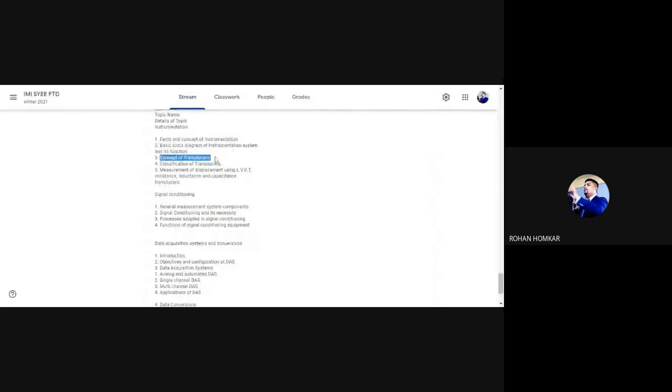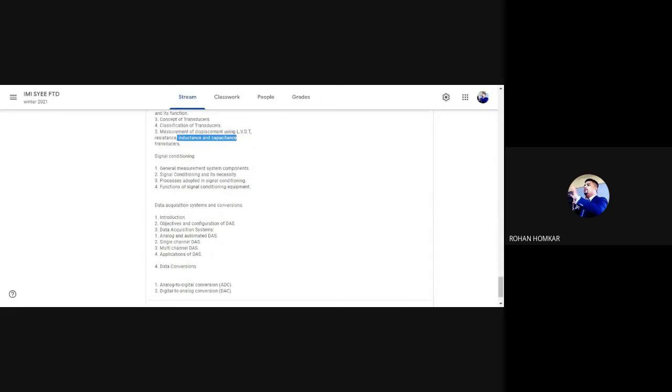Concept of transducer, fifth point. Classification, 6. Measurement of displacement using LVDT is the seventh topic. Then resistance transducer, 8th topic. Inductive and capacitive transducer, 9th topic. Okay. Then general measurement system components for signal conditioning is topic number 10.